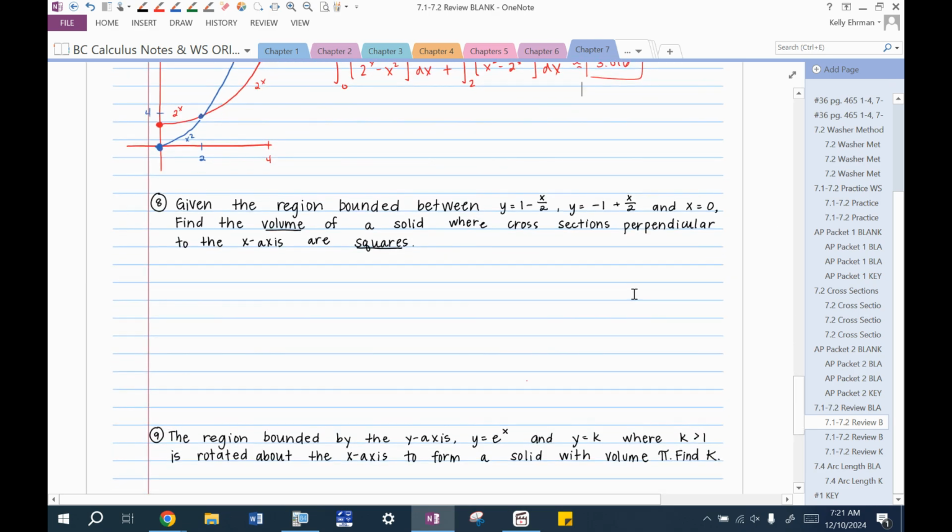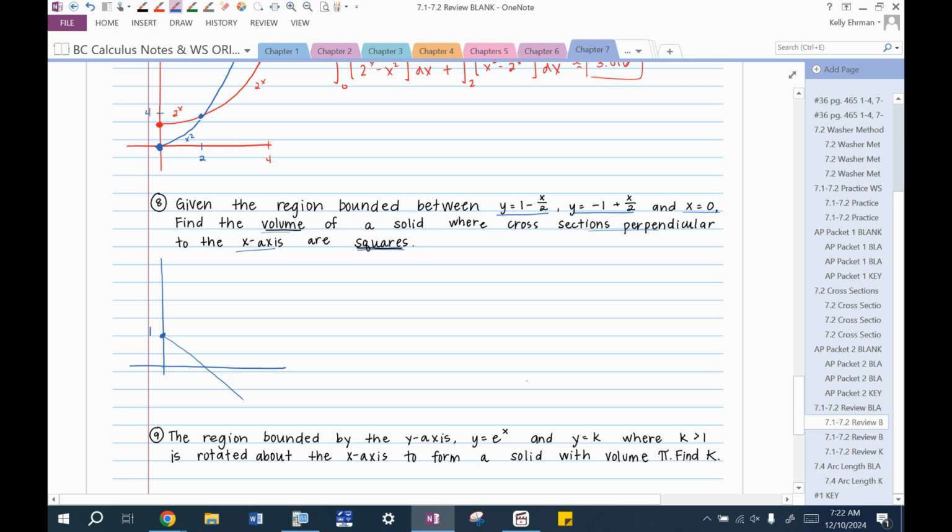All right, for this next one, given the region bounded between y equals 1 minus x over 2 and negative 1 plus x over 2 and x equals 0, find the volume of a solid where cross sections perpendicular to the x-axis are squares. So let's graph this thing. Now let's see, if we plug in 0 to the first one, we're at 1, and it's got a slope of negative 1/2, so it does something like this.